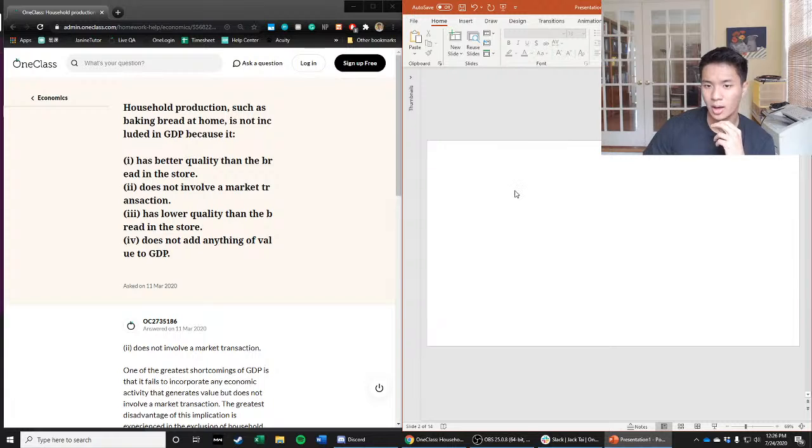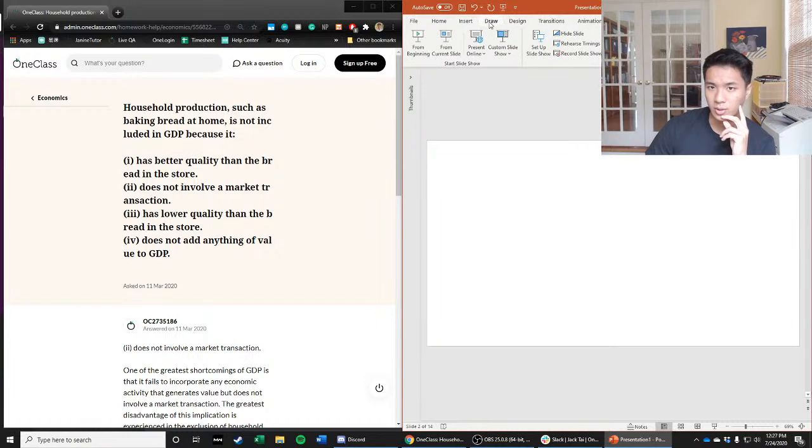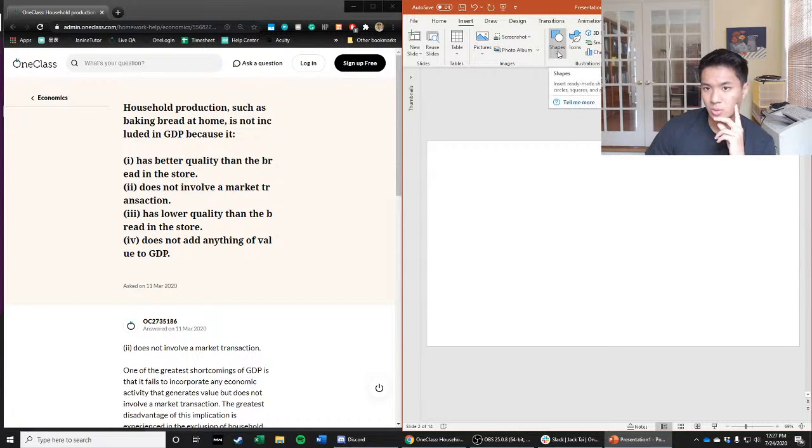And so if we can remember, the way we can calculate GDP is primarily through this. How do I do a text box? Let's see. We'll just do a shape, okay?